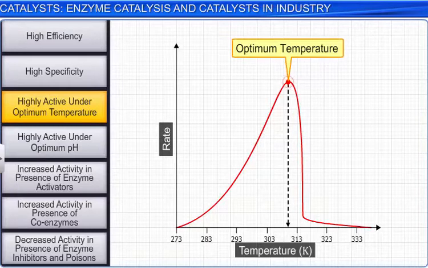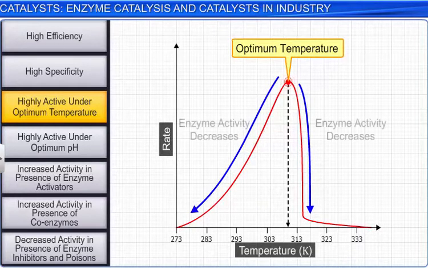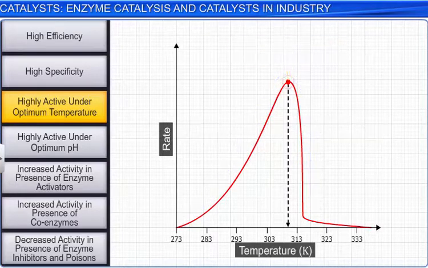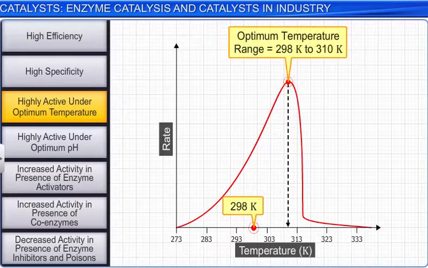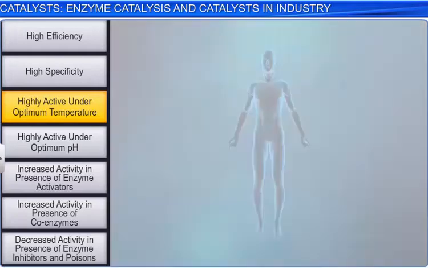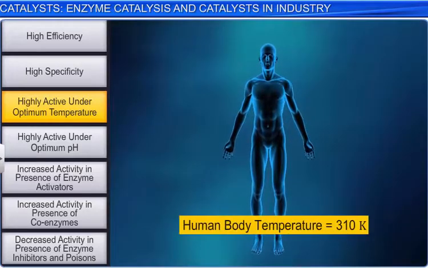On either side of the optimum temperature, enzyme activity decreases. The optimum temperature range for enzymatic activity is 298 Kelvin to 310 Kelvin. The temperature of the human body, 310 Kelvin, is suitable for enzyme-catalyzed reactions.